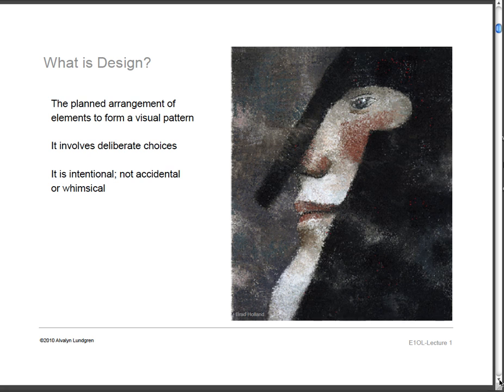It's not whimsical, it's not accidental, it's not just because it feels right. Design is very much a thoughtful application of principles and elements to form this visual result, this visual pattern.